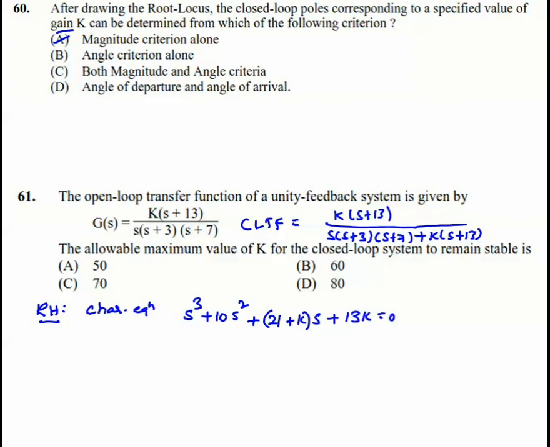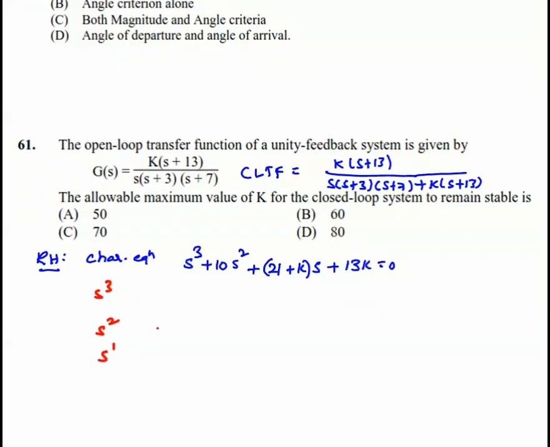If you draw the RH table, with rows s cubed, s squared, s power 1, and s power 0, the first term is 1 and the next term is 21 + K, then 10 and 13. By cross multiplication, you get (10(21 + K) - 13K) divided by 10.